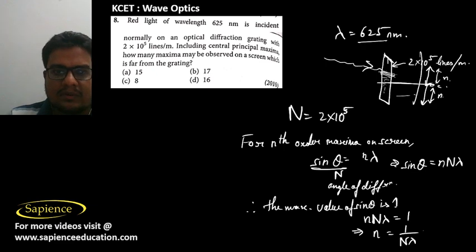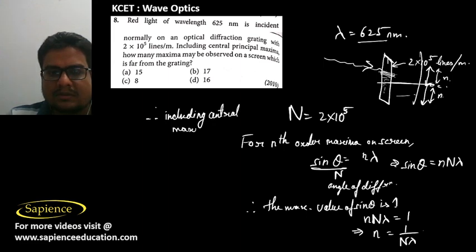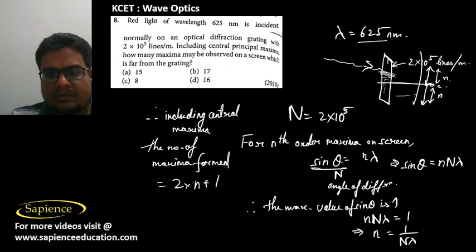Therefore, including the central maxima, the total number of maxima formed on the screen will be equal to 2n plus 1.